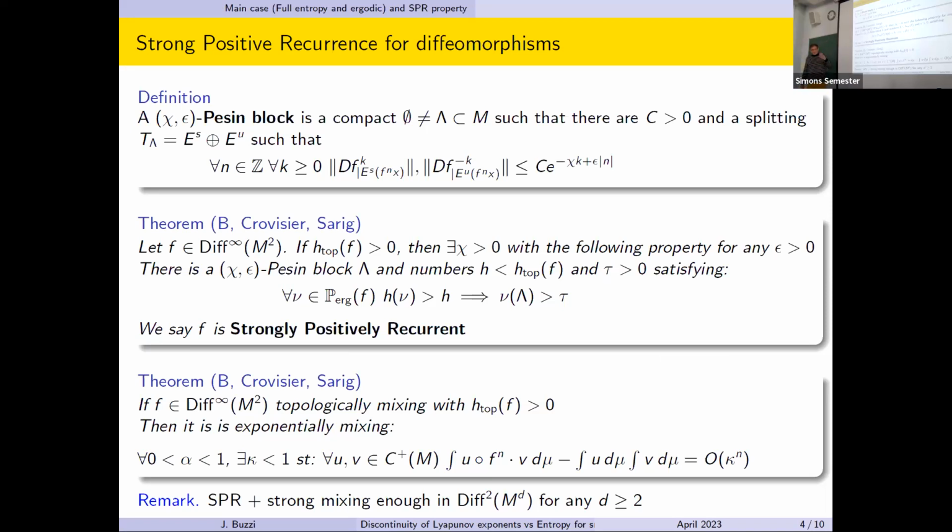And there was a class of countable state Markov shift, which is almost as well behaved as subshift of finite type from a lot of points of view, which are those which are called strongly positively recurrent.